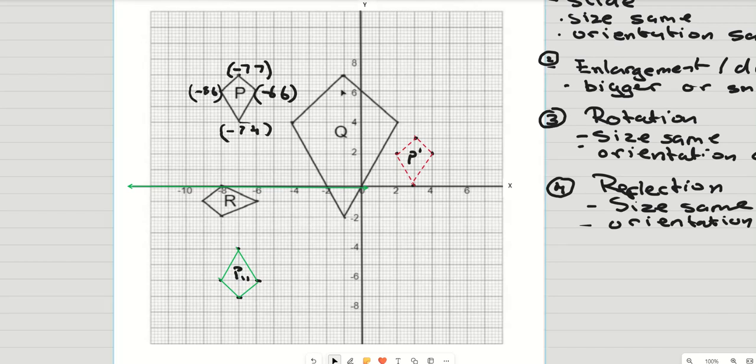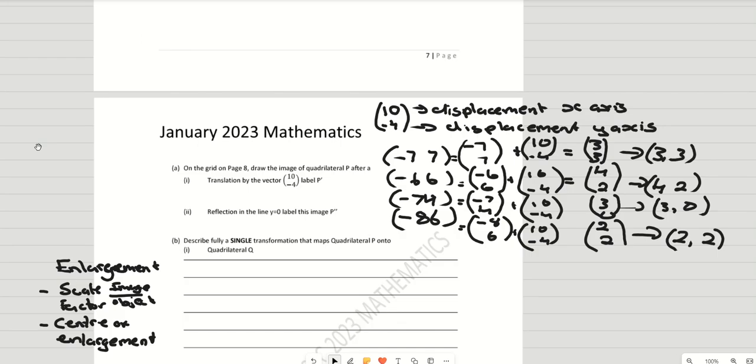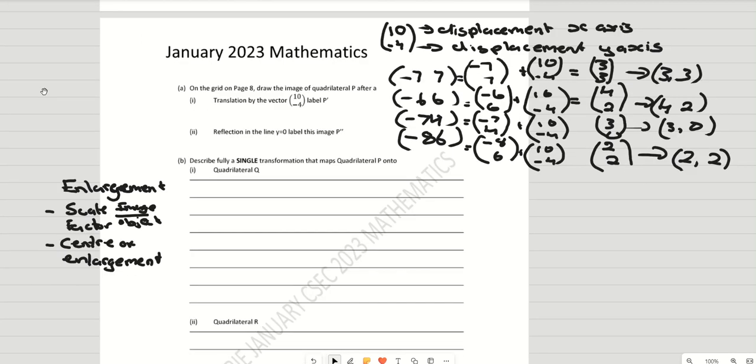So the length of Q is 9 and the length of P from the top point to the bottom point is 1, 2, 3. So this is actually going to be 9 divided by 3. So my scale factor, or K, is going to be 9 divided by 3, which equals 3. So my scale factor is 3.